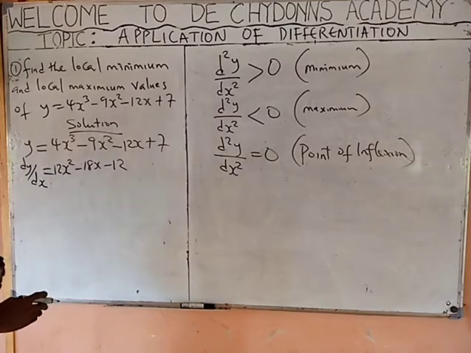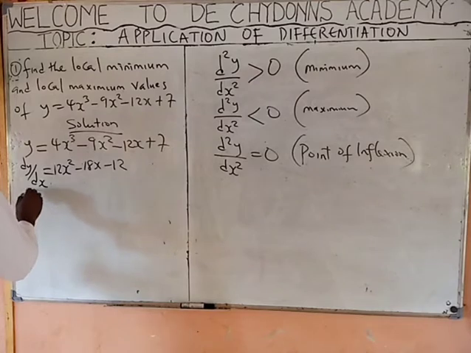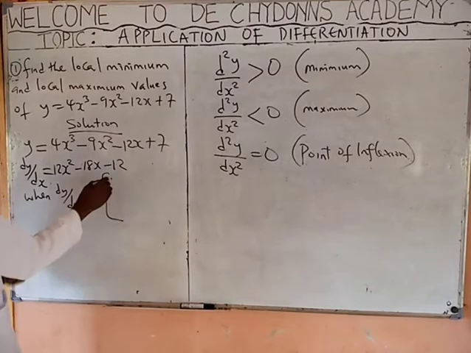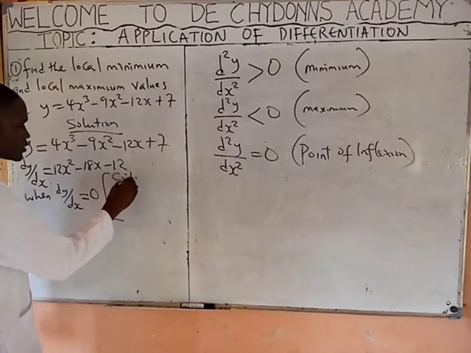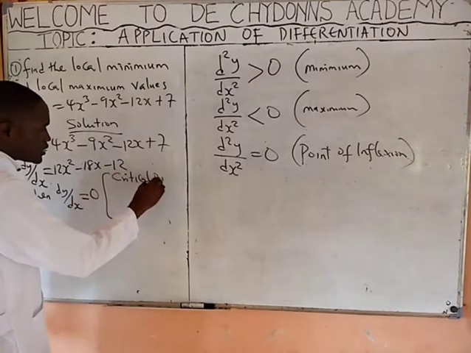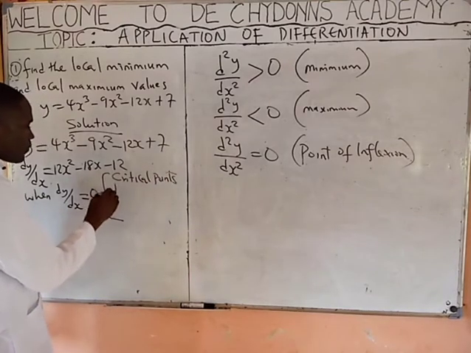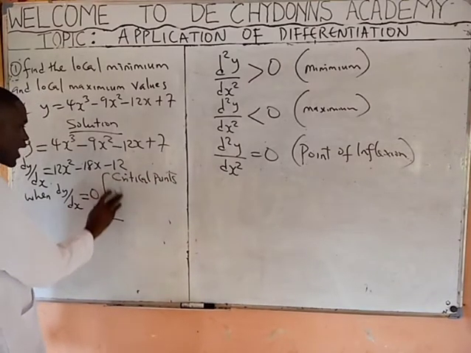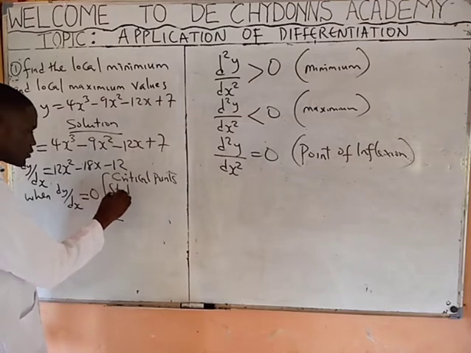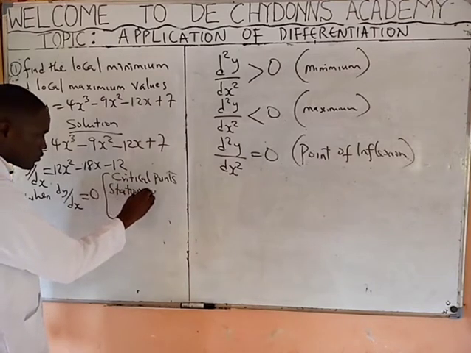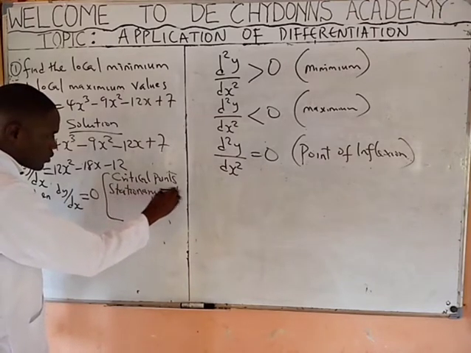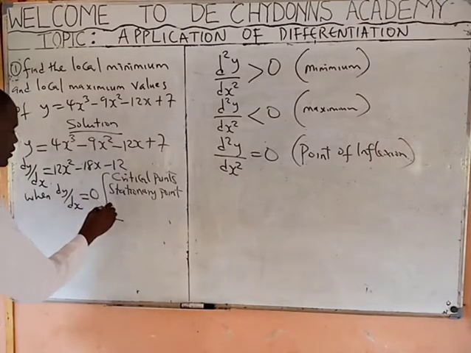That is the differentiation. Now, when dy/dx is equated to 0, what you will get is the critical point, or stationary point, or you can call it the turning point.